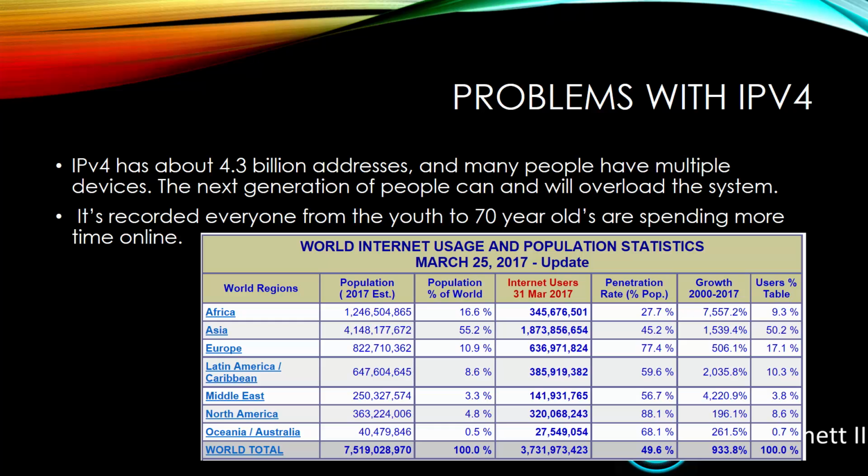It's really going to start getting into dangerous territory very quickly with food resources and a few other things that scientists are trying to figure out. It's recorded that everyone from a young person to a 70-year-old on Facebook is spending equal time online.